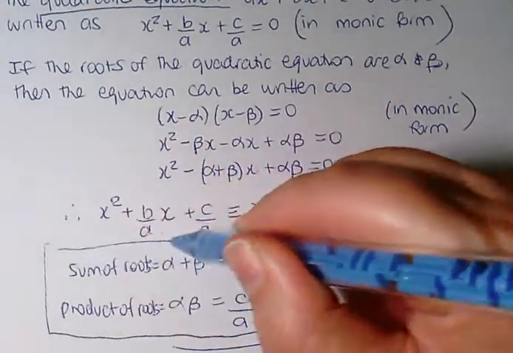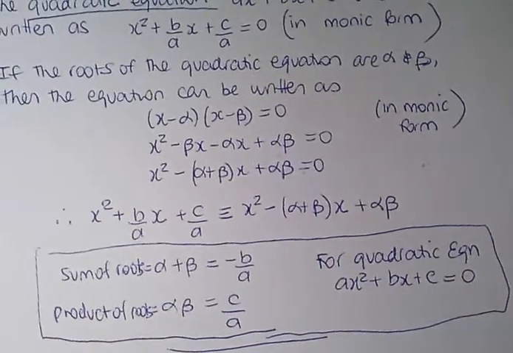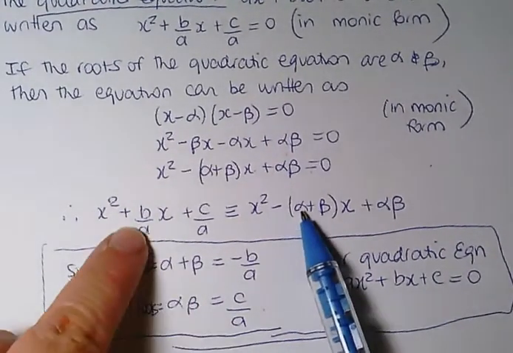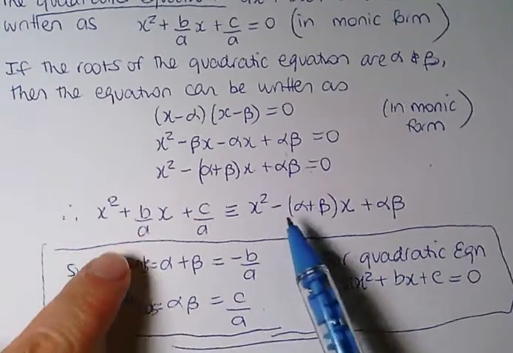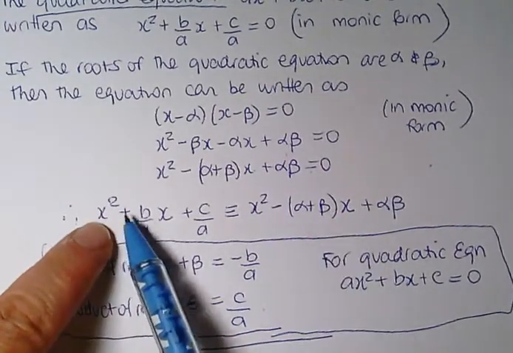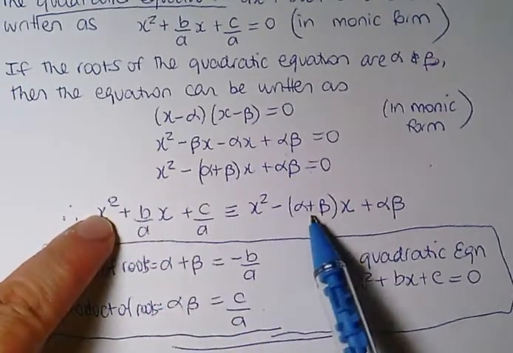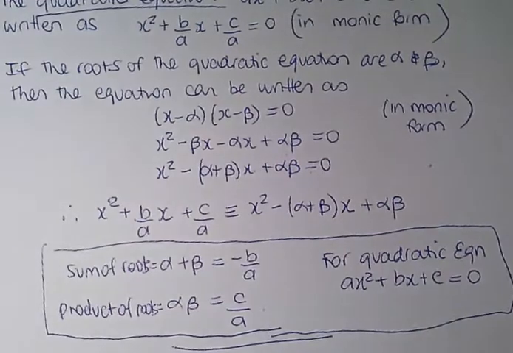So we can see that for any quadratic equation ax squared plus bx plus c is 0, for the sum of roots, if I compare these two, I would need minus b on a here to be equivalent to that.